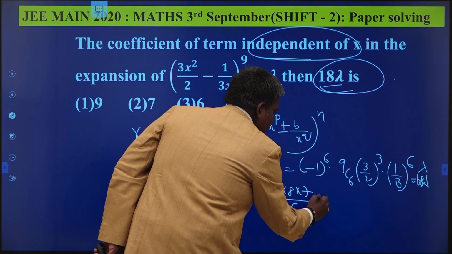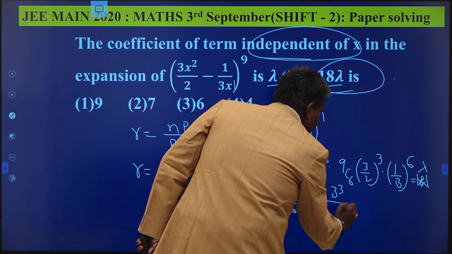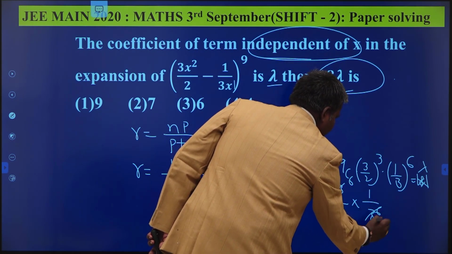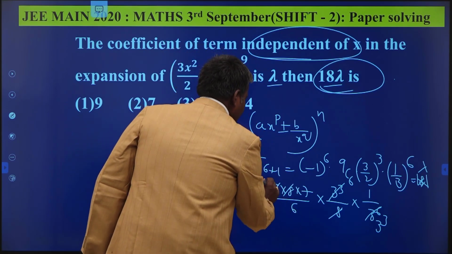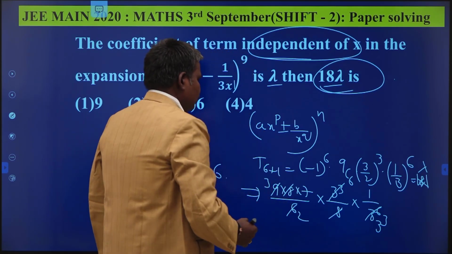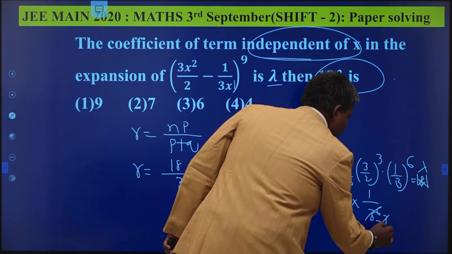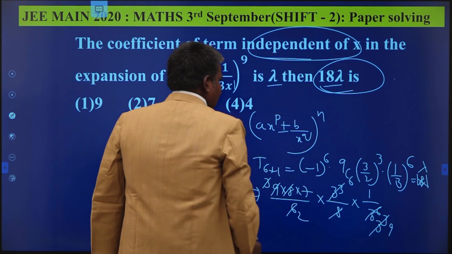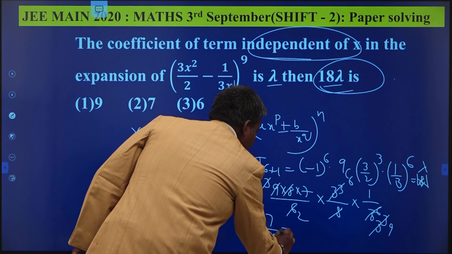That is into 3 cube by 2 cube, which means 8, into 1 by 3 power 6. 3 power 3 times cancels out, 8 and 8 get cancelled, again 3 cancels out. 9 twos are 18. 7 by 18 is equal to your lambda.